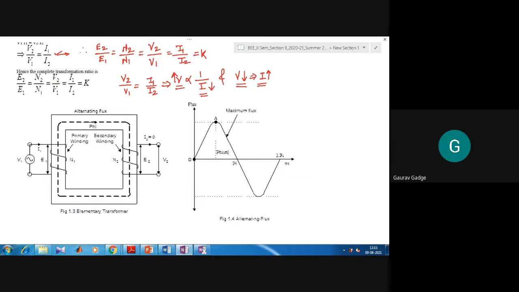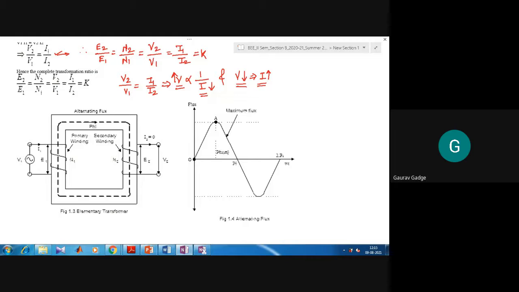Now the EMF derivation which we have done, where flux instantaneous equation is phi equal to phi m sin omega t. It works on Faraday's laws of electromagnetic induction. Therefore, E is directly proportional to d phi by dt. Therefore, E is equal to minus N d phi by dt. Negative sign is indicating that the flux is in opposition to the EMF.